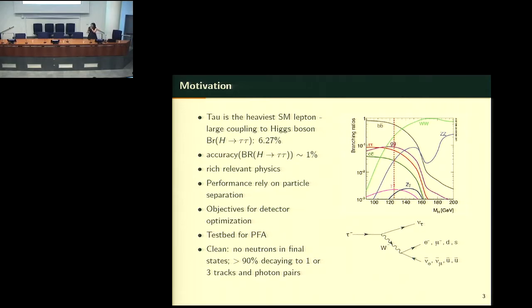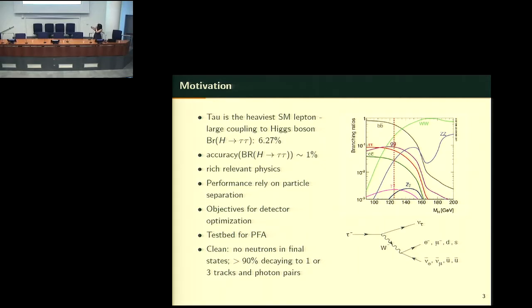First of all, we need to know why we need to study the Higgs to tautau channel. As a lepton, the tau has a heavier mass, leading to a larger coupling constant to Higgs. And among the heavy fermions, the decay mode of the tau is similar to the other fermions.